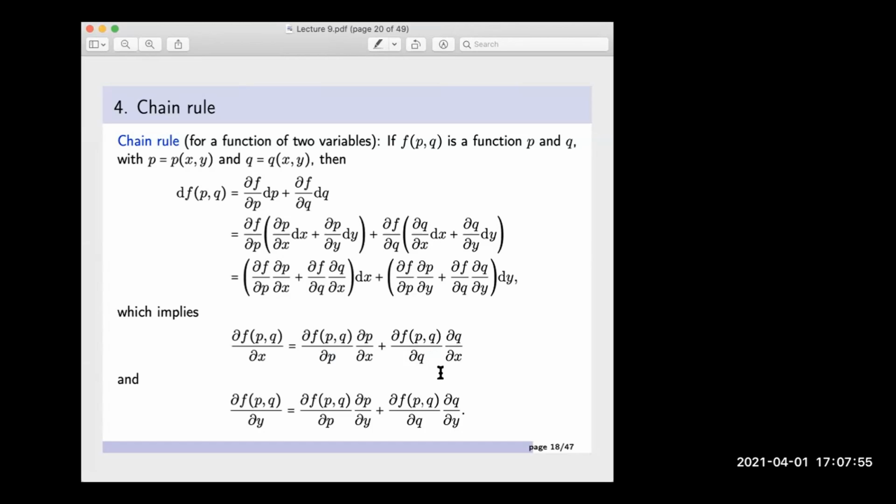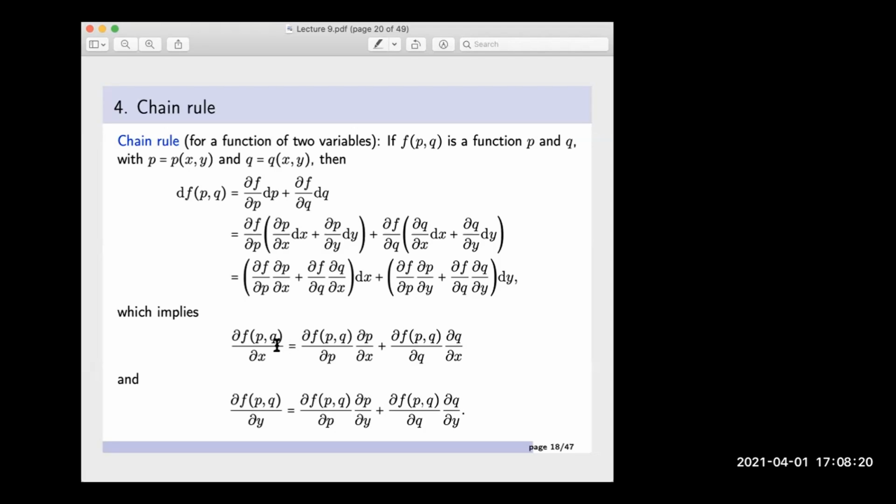Actually, if you don't have q, you only have p, then you don't have the second part. You only have the first part, and this first part would be exactly the chain rule for function of single variable, right? If you don't have q, you don't have the second part, you have the standard chain rule.